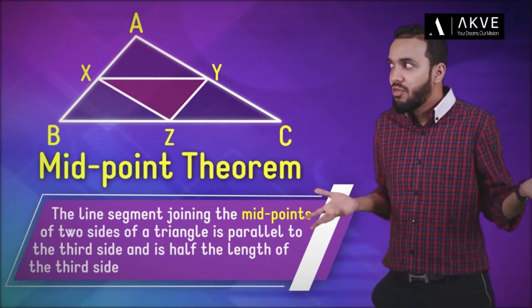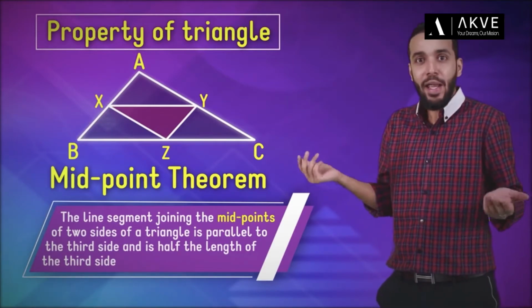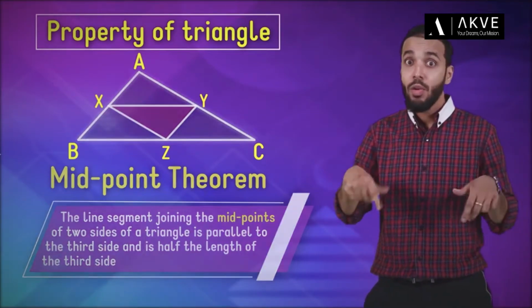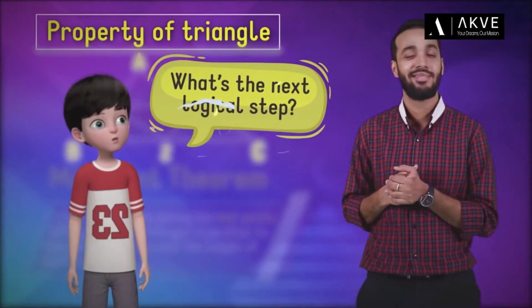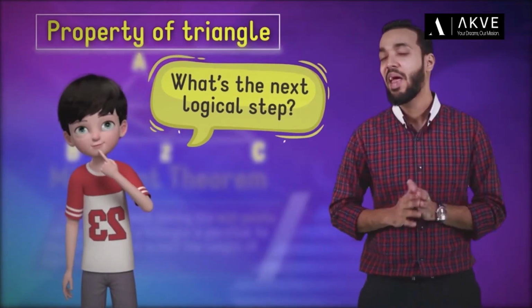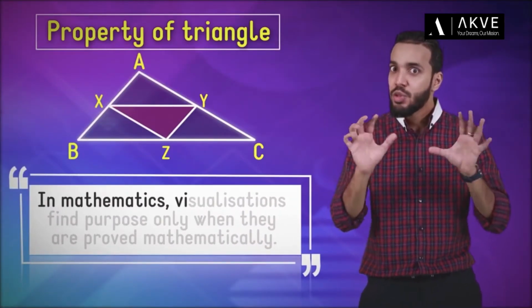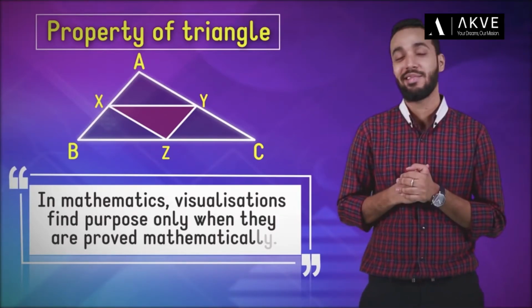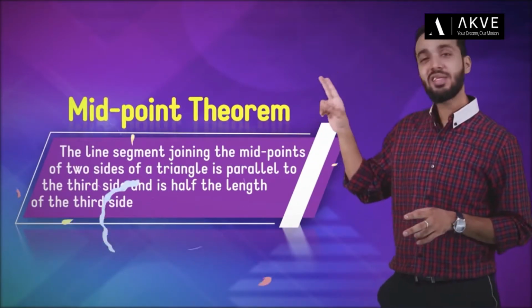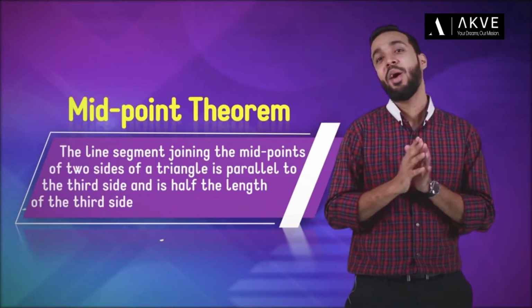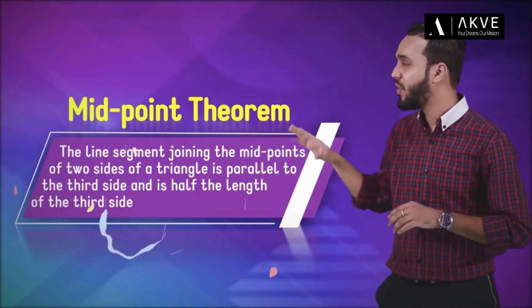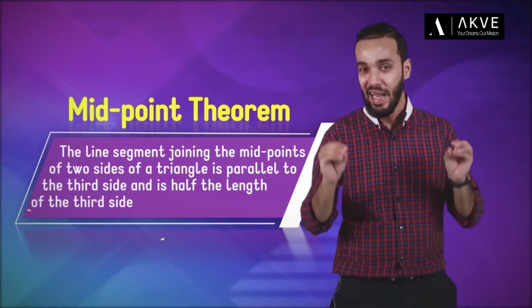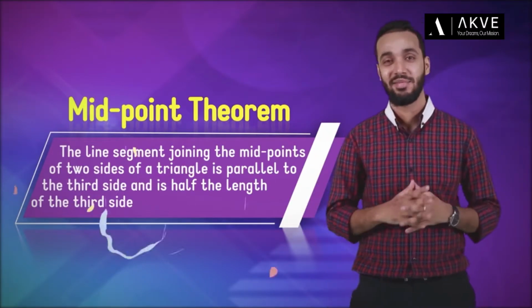So, now that we have visualized a property and also written it as a theorem, what's the next logical step? Well, we have already seen that in mathematics, visualizations find purpose only when they are proved mathematically. Going by that, this theorem would be applicable only if we can prove it mathematically. So let's get the ball rolling for that.